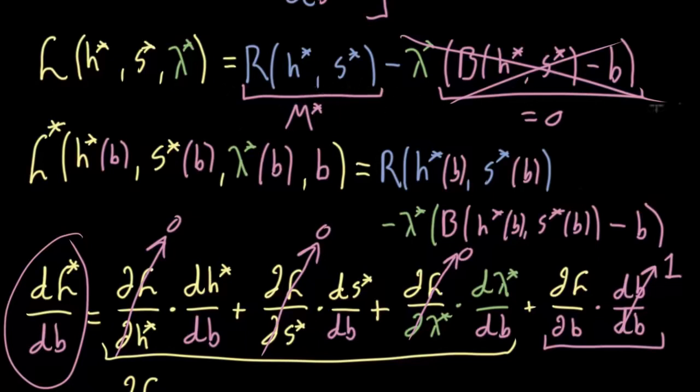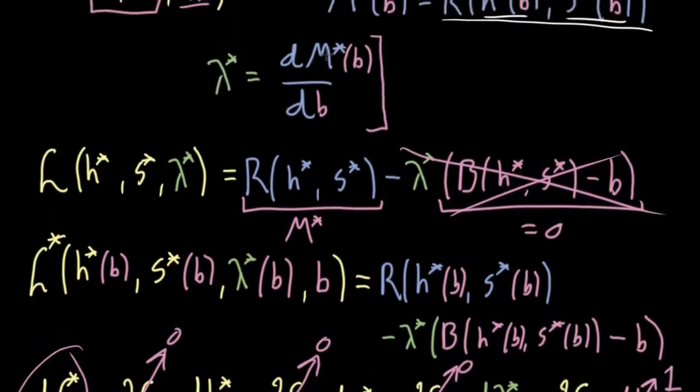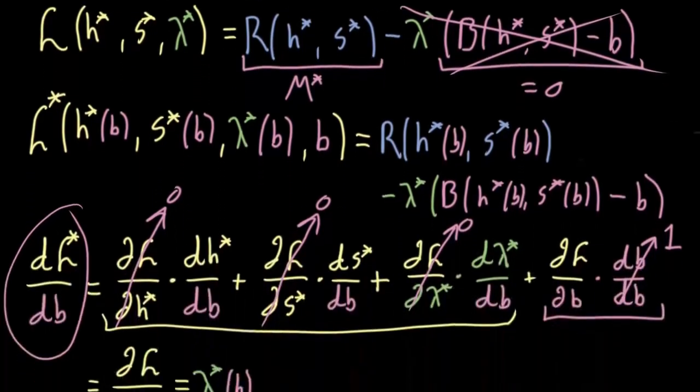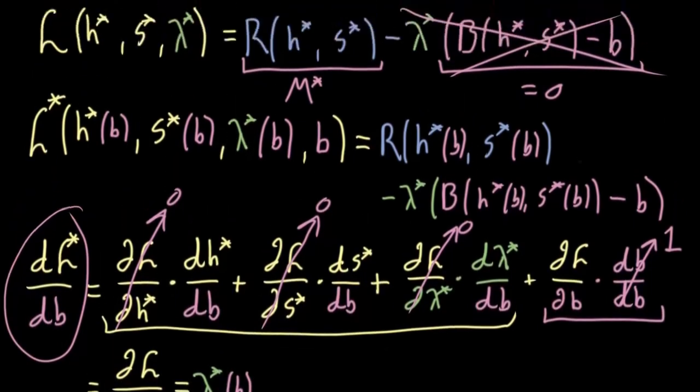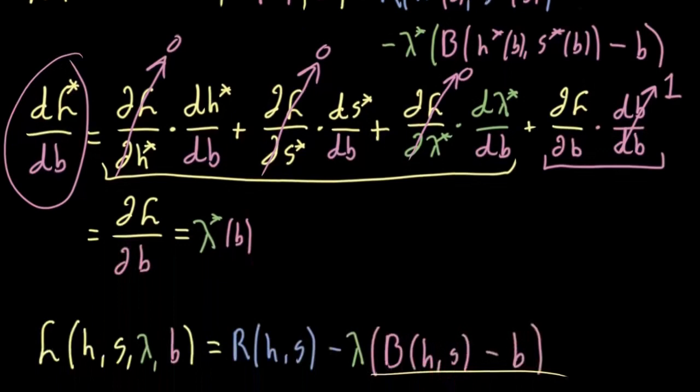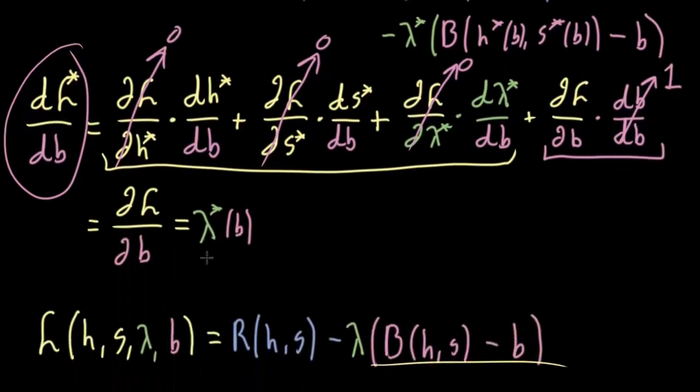So if you want to know the derivative of m star, the maximizing revenue, with respect to the budget, how much does your maximum revenue change for tiny changes in your budget, that's the same as looking at the derivative of the Lagrangian with respect to the budget, so long as you're considering it only on values h star, s star, lambda star that are critical points of the Lagrangian. And all of that really nicely boils down to just taking a simple partial derivative that gives us the relation we want.